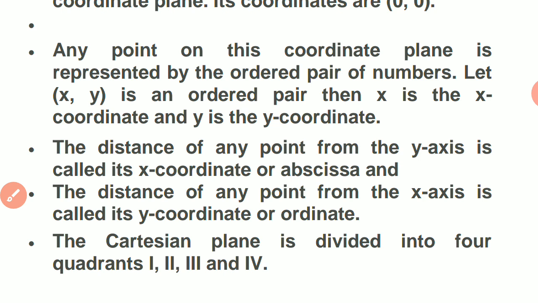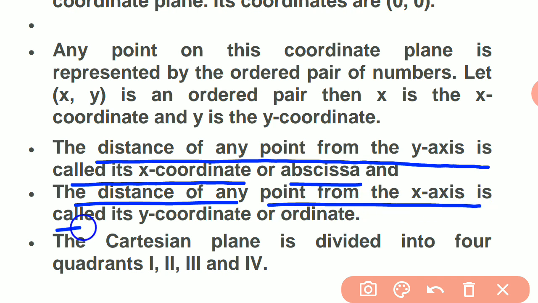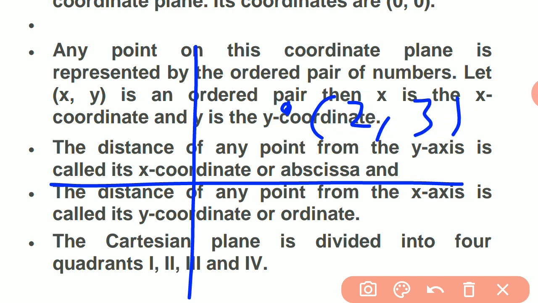Now, the distance of any point from the y-axis is called its x-coordinate or abscissa, and the distance of any point from the x-axis is called its y-coordinate or ordinate. Suppose this point is (2, 3), here 1, 2, and here 1, 2, 3.